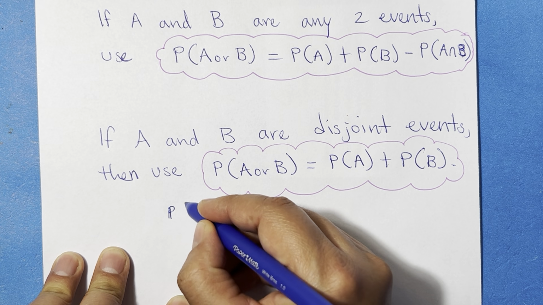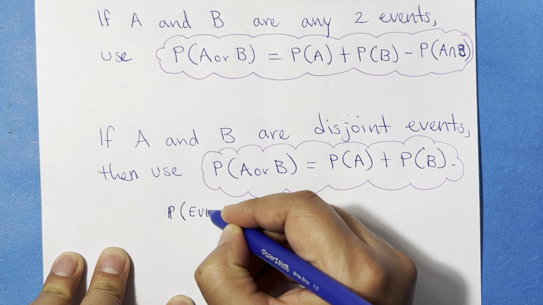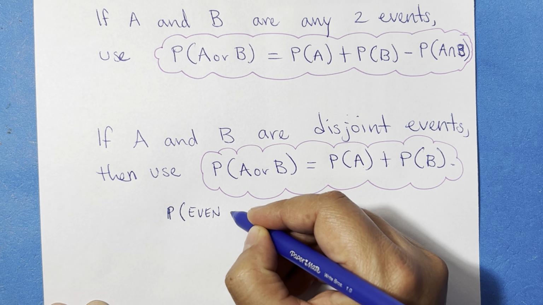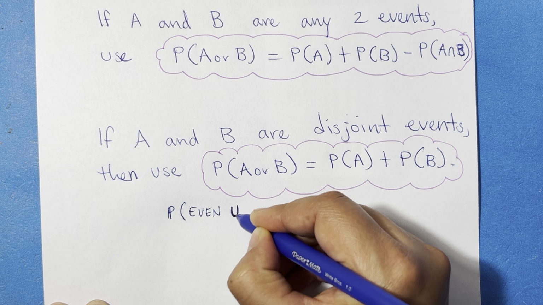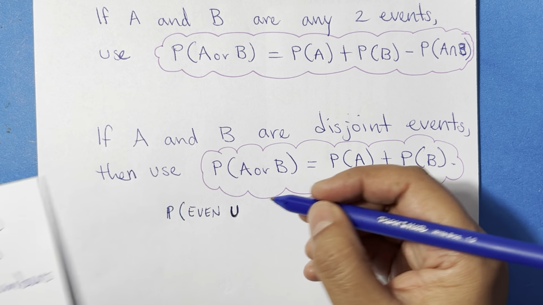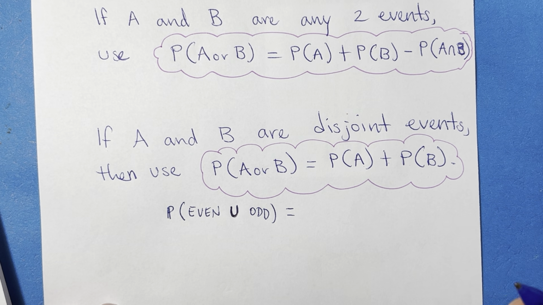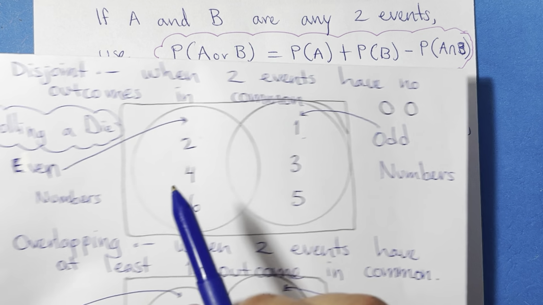Probability of getting an even number. Or, so the word or can also be represented by this symbol, okay? B would be odd numbers. Well, you just add the probability of A, it's even numbers, right?